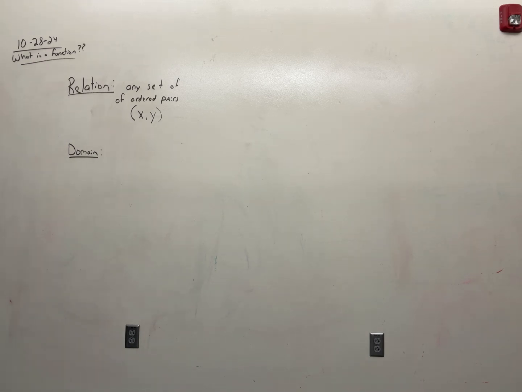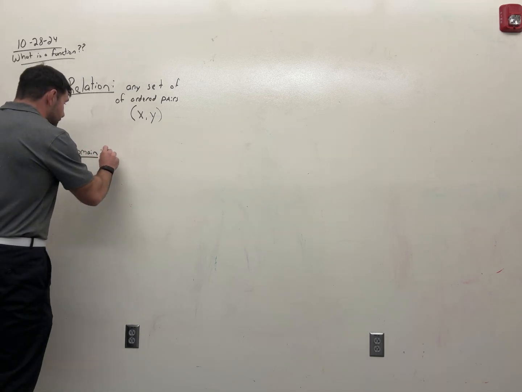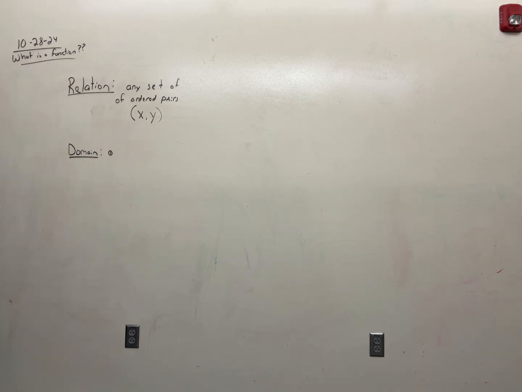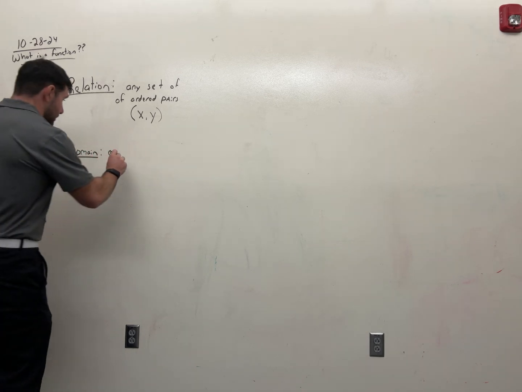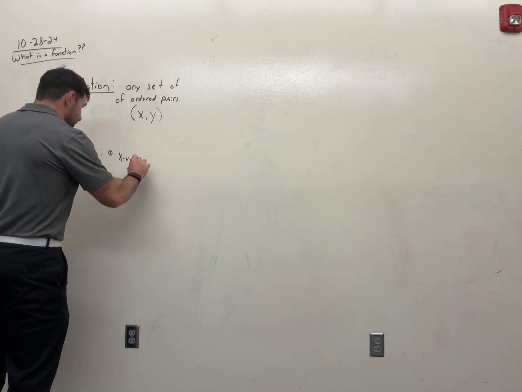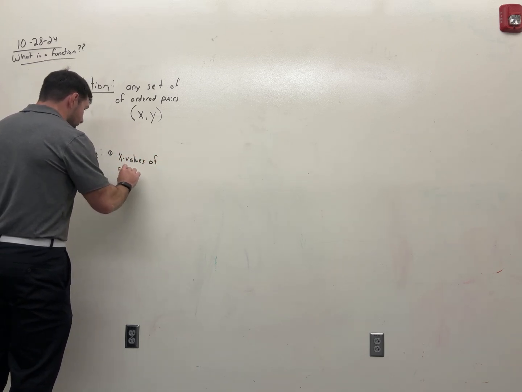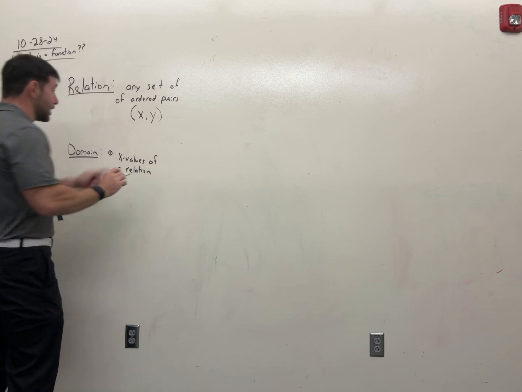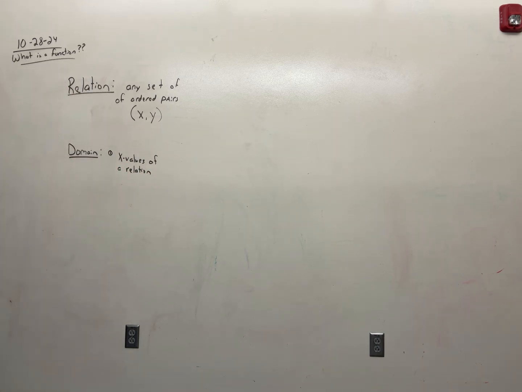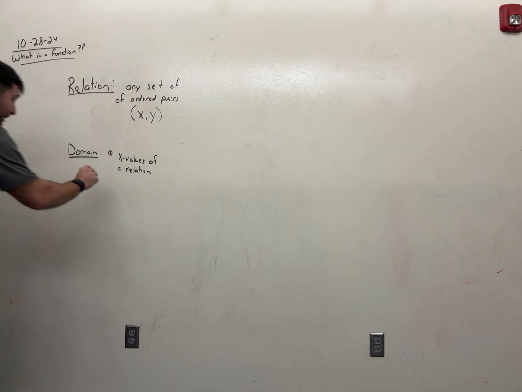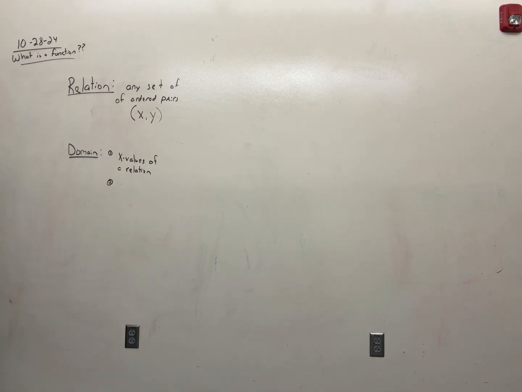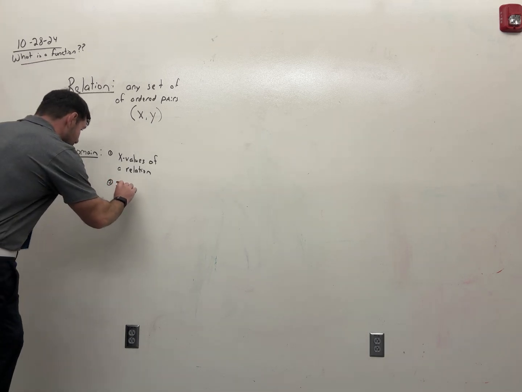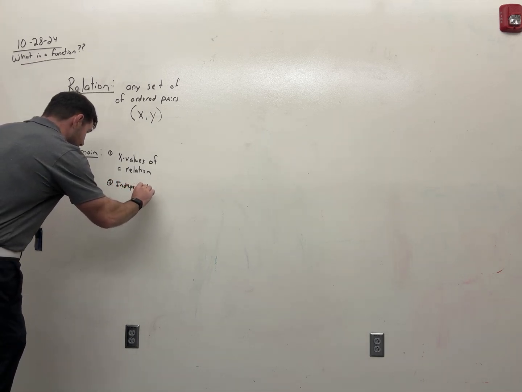The first thing we're going to have is the domain. The domain has several different things that matter about it. The domain, first, is the x values of a relation. So that means it's all of the x's. Okay? The second thing a domain is, is the independent variable.